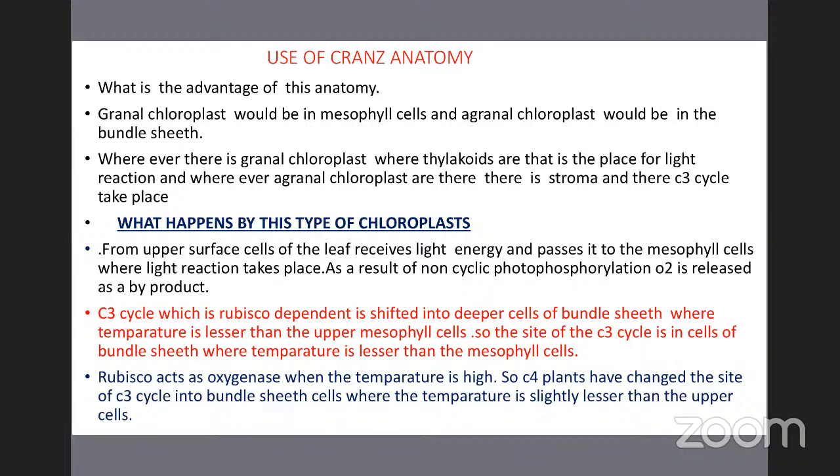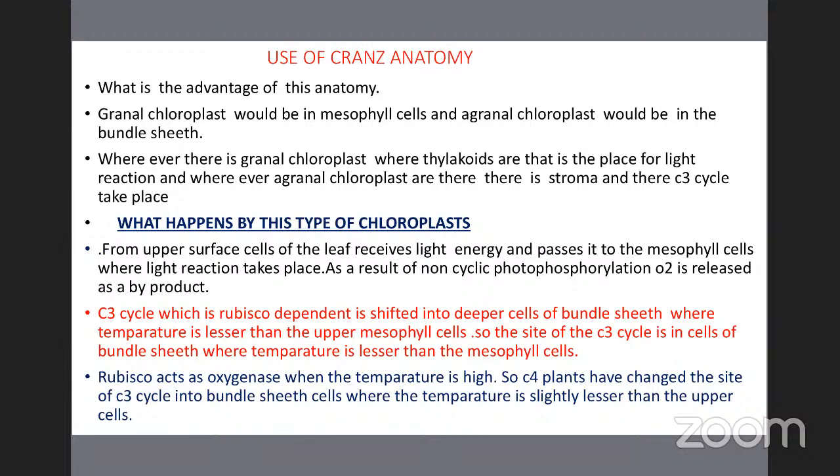Wherever granal chloroplasts are, there is the site for light reaction. Then wherever agranal chloroplasts are, there is stroma, and the C3 cycle definitely takes place. Just now we discussed it in our previous slides.